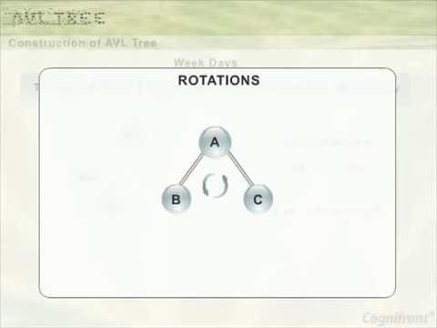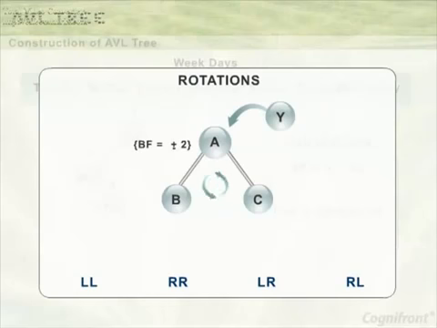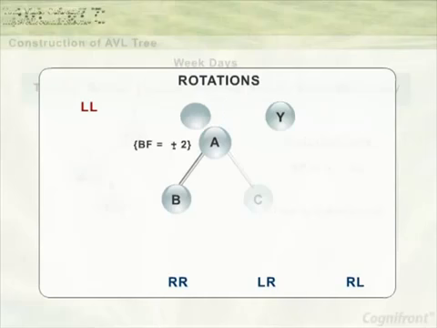The rebalancing is carried out using 4 different kinds of rotations: LL, RR, LR and RL. These rotations are performed on the nearest ancestor A of the new node Y, and the balance factor of A should be +2 or -2. First is LL.